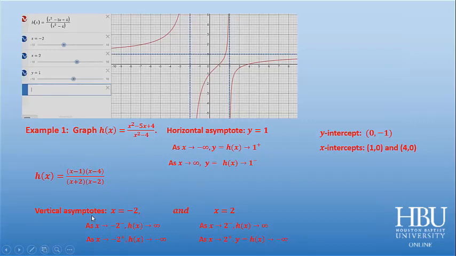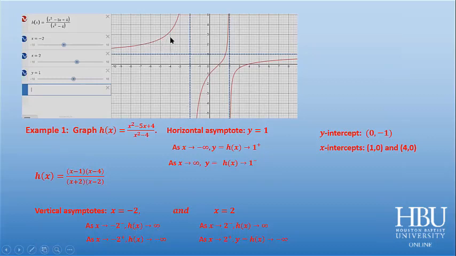How about vertical asymptotes? Those occur at the zeros of the denominator here. So I will have a vertical asymptote at x equals -2 and a vertical asymptote at x equals 2. Those are these two vertical dashed lines. And you will notice as x approaches -2 from the left, the function is approaching positive infinity.